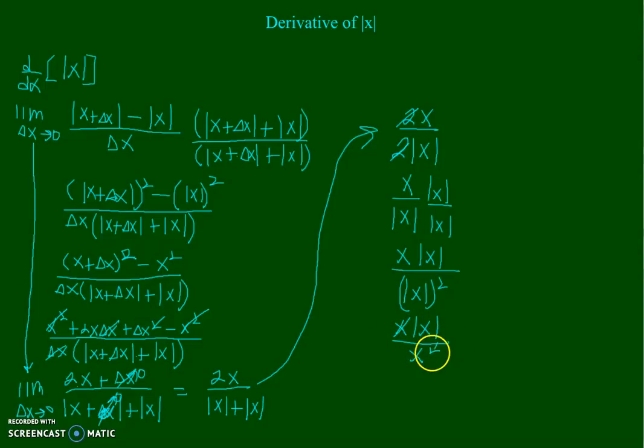That x goes away, that x goes away, and what we're left with finally is the absolute value of x over x. So the derivative with respect to x of the absolute value of x is the absolute value of x over x.